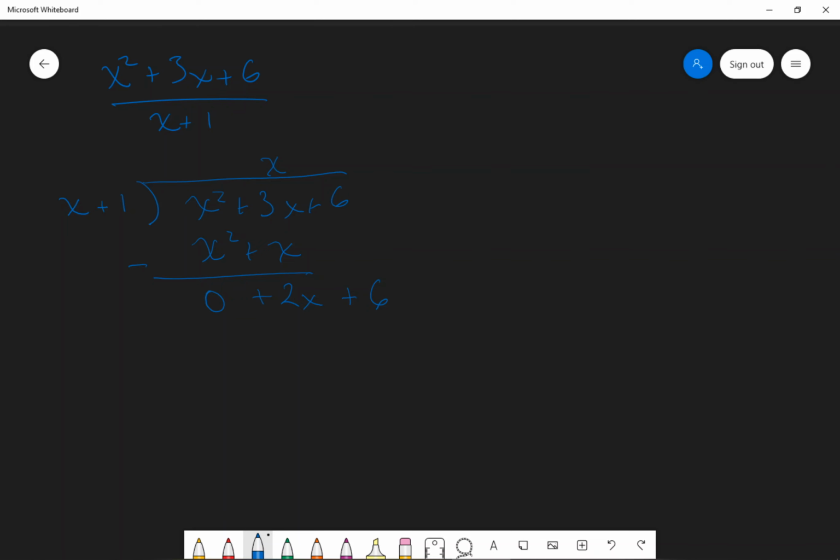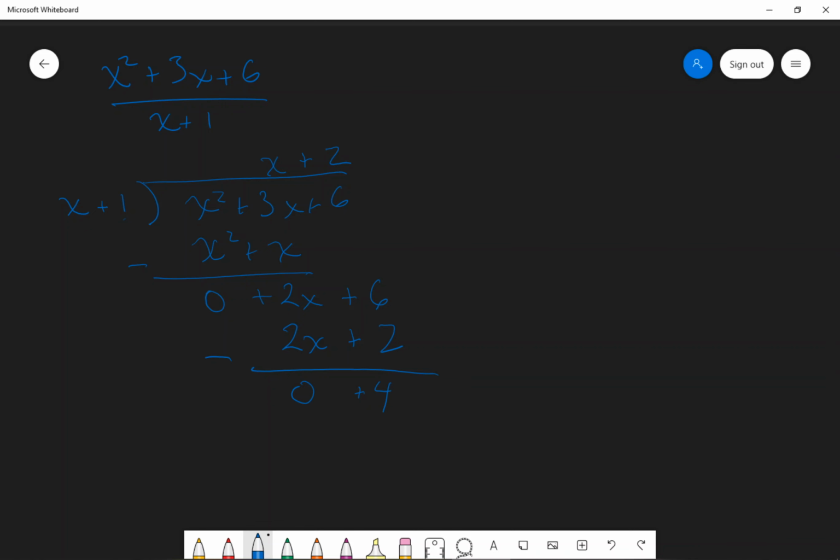Now we say, how many times does x go into 2x? Well, x goes into 2x 2 times. 2 times x is 2x. 2 times 1 is 2, and then we subtract. 2x minus 2x is 0. 6 minus 2 equals 4.